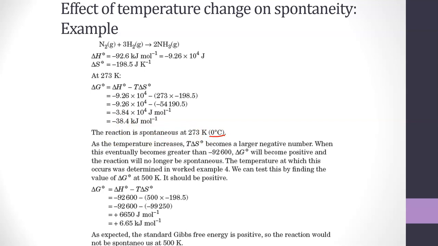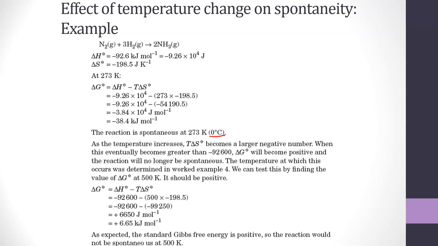As we increase the temperature, the term for T delta S is going to become a larger negative number. When it gets greater than the enthalpy value, delta G will become positive and the reaction will no longer be spontaneous.